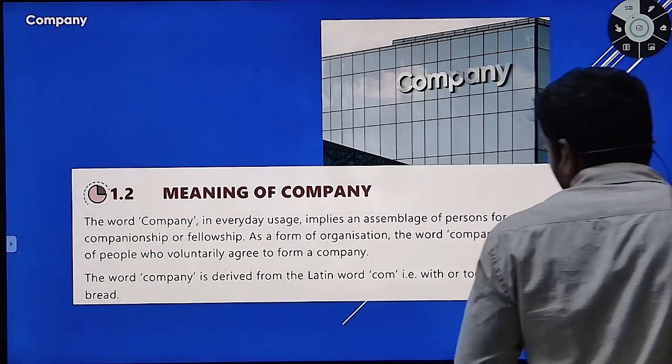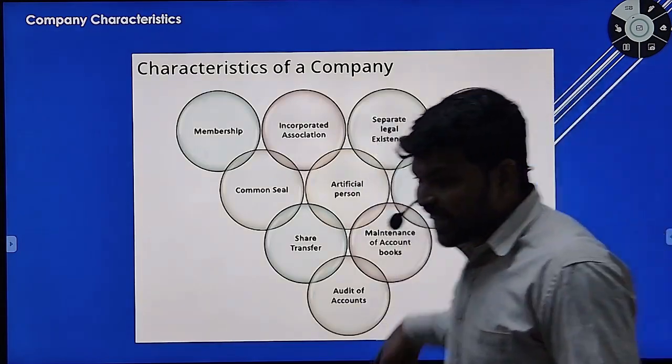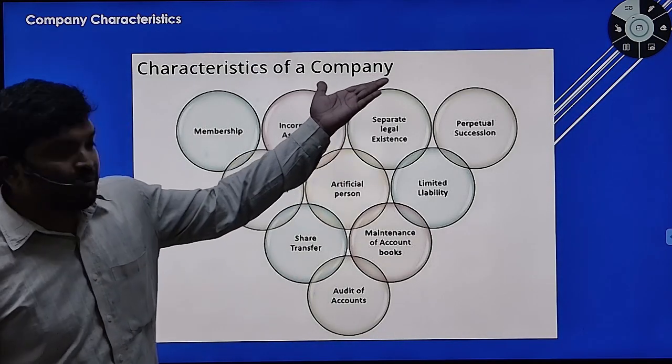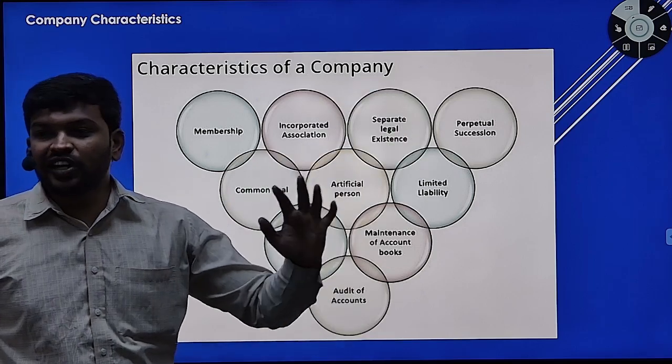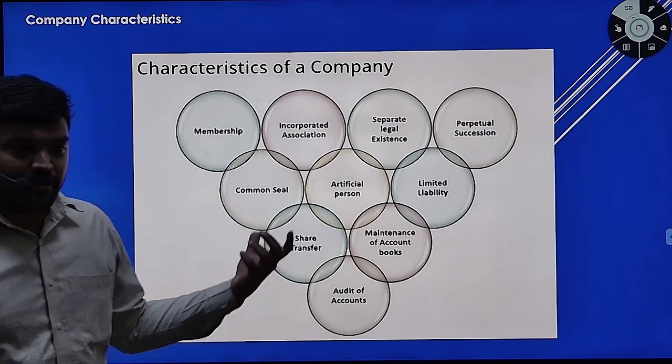I'll explain. This is a Latin word, just for knowledge. These are all the characteristics of a company which will separate a company from other forms of organizations like sole proprietor and partnership. Take a note of this.